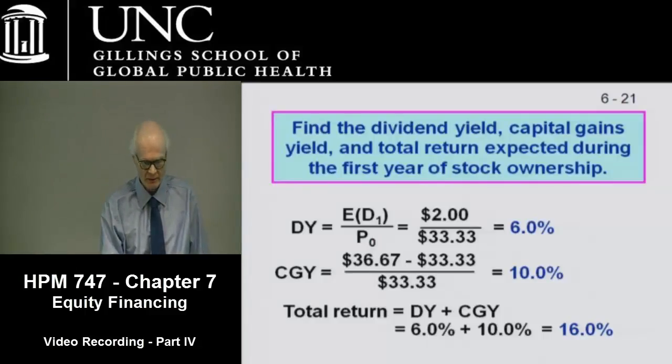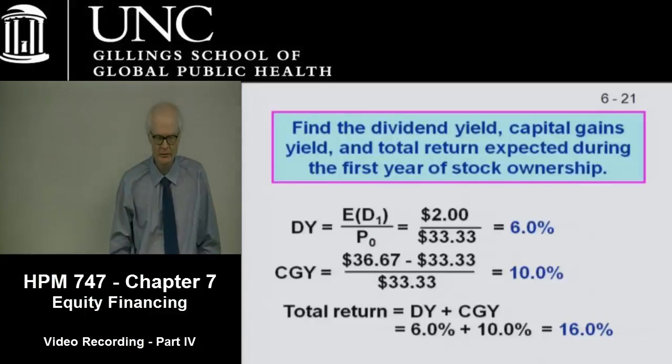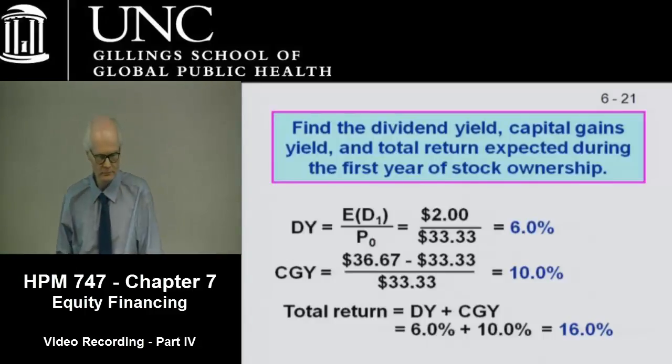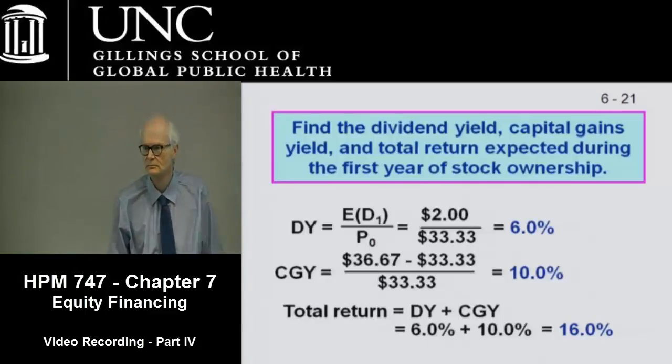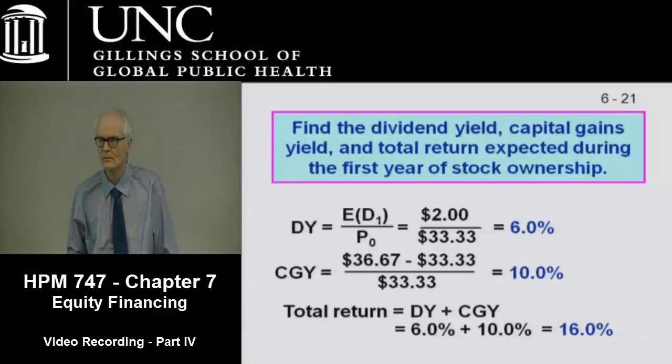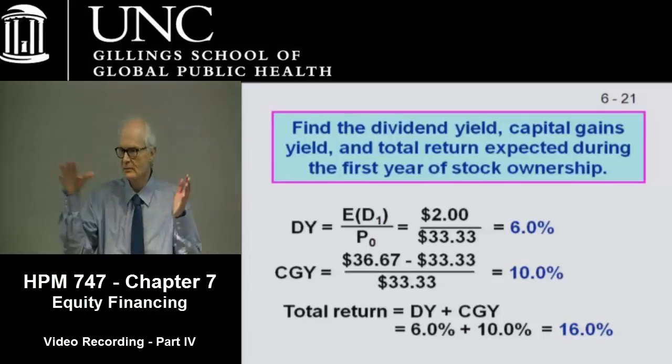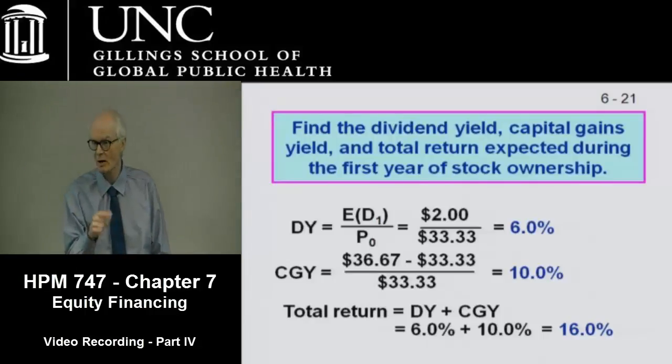Okay, if we go back to the last problem, is that true or false? Oh, back to what you said though, is that always the case where the growth rate equals the capital gain yield? The growth rate, yes. That's always the case in that model.